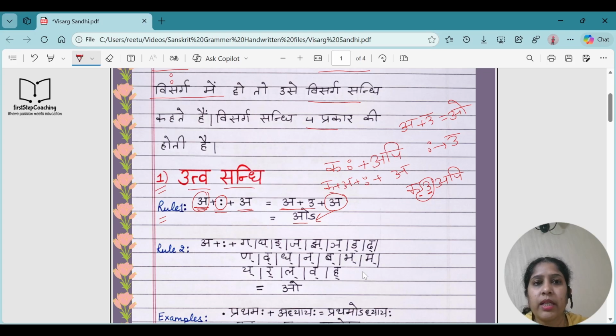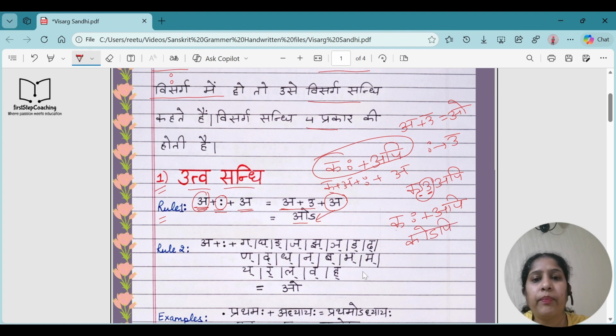Understood? This was an example of Utva Sandhi. So if you have kaha plus api, the ka followed by visarg and then a, it will become ko, and a will change to avagraha and p.